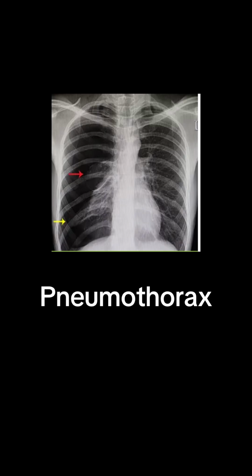So if you force more air into the lungs, you're going to exacerbate the collapse of the lungs, the tension pneumothorax, and that will lead to cardiovascular collapse. So firstly, you would not go for endotracheal intubation. You will go for needle thoracostomy.